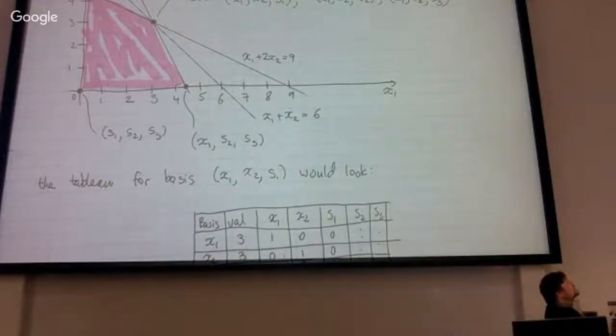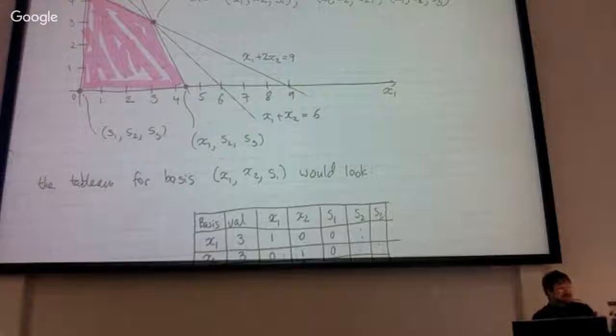So we have 3 planes, the planes of the 2 walls and the ceiling, that meet in one point, and they define this one point. But if you only take 2 planes, you don't get a point. You get a straight line. So you need 3 planes to get a point. And if there was a fourth constraint that goes through that same point, that would be a degeneracy.